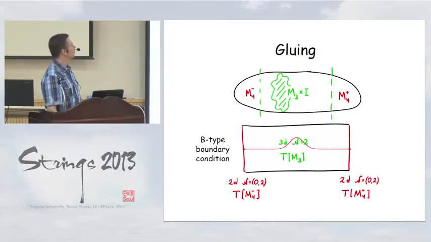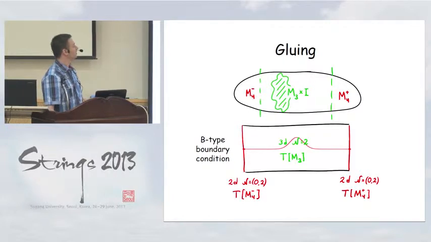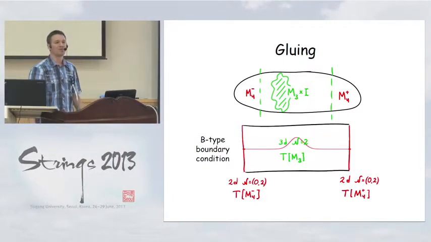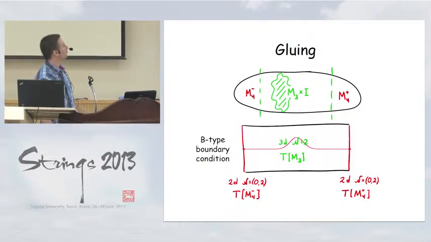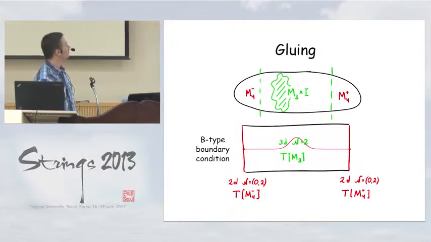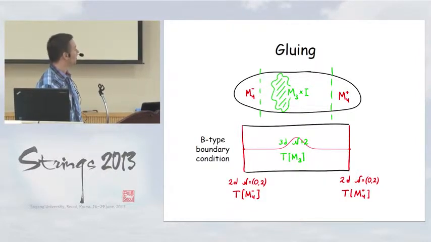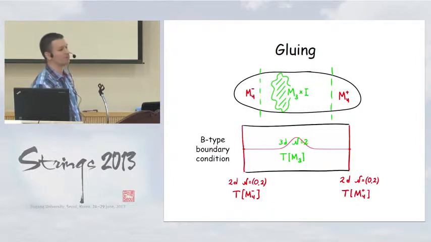And if this was the whole story, it would be a 3-dimensional theory on a 3-space, and this would be of infinite range. However, because this cylinder, 3-manifold cross R, is capped off on both sides, it gives rise to (0,2) or B-type boundary conditions, where each boundary condition carries some modes associated to theory T of a 4-manifold for this part and T of a 4-manifold for this part.